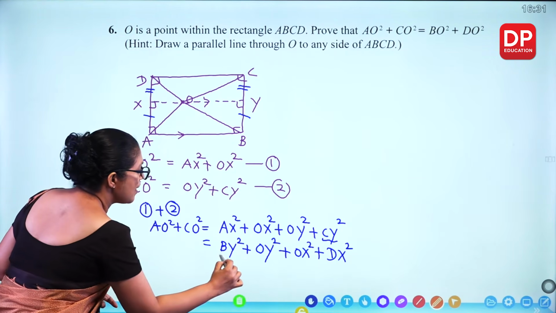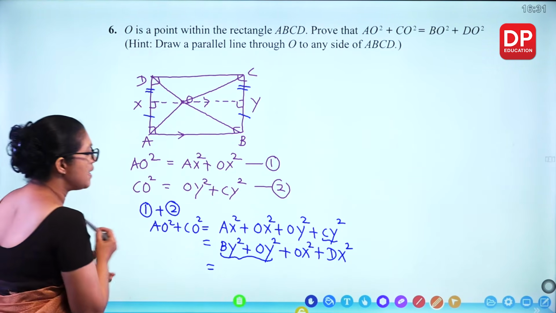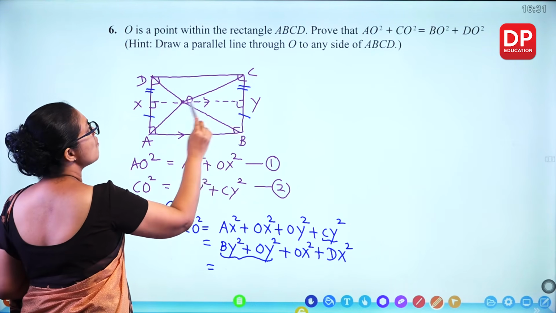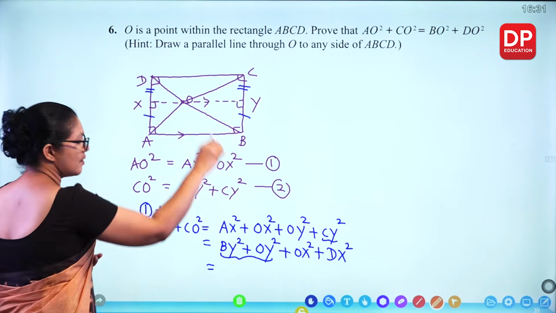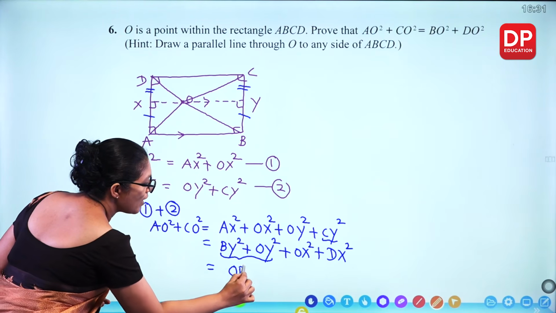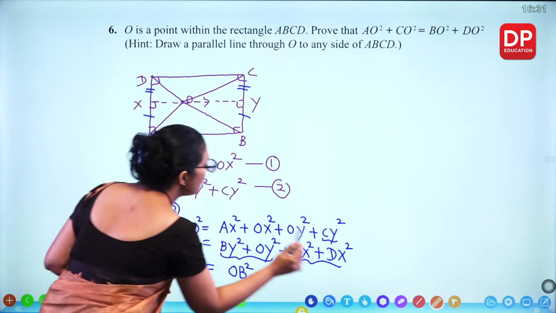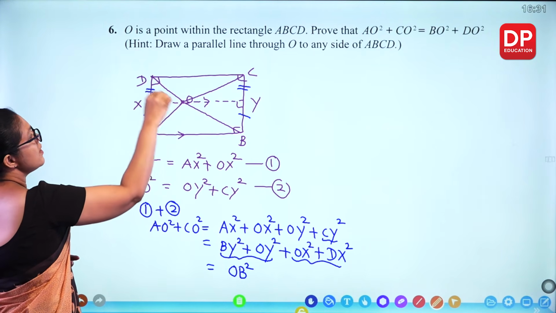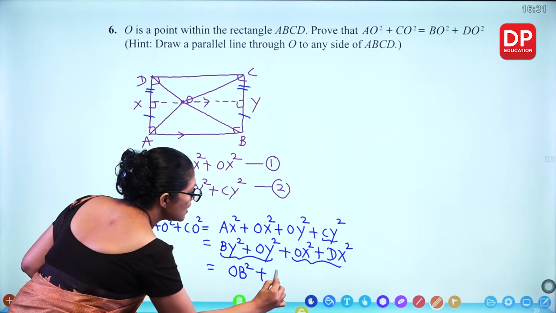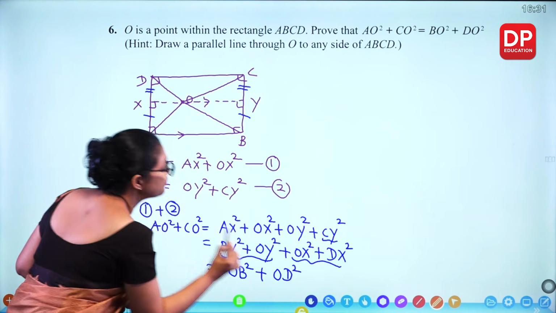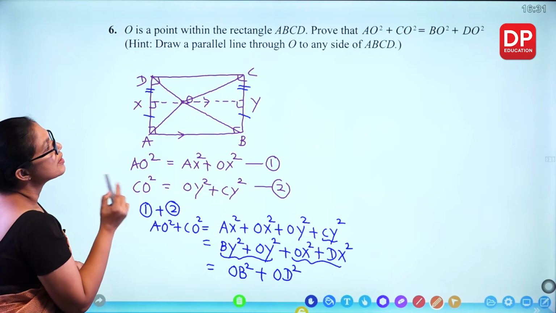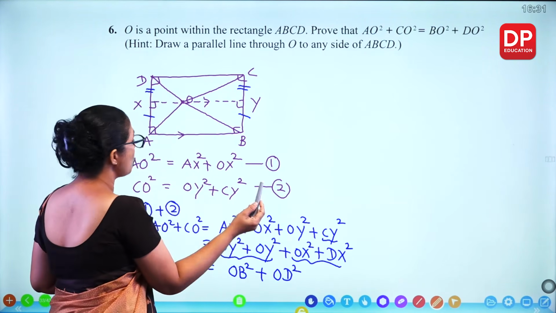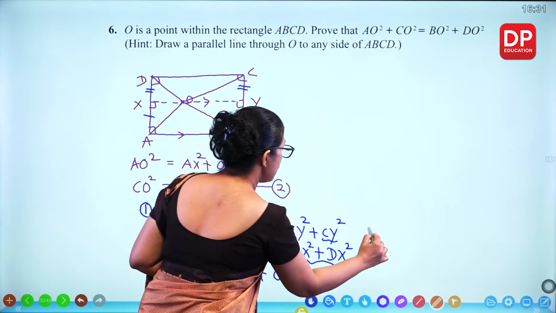Now see, these two, BY squared plus OY squared. What's this? OB squared. These two, OX squared plus DX squared, you get OD squared. So we want this side. Okay. Now we have to write down why we equate this.